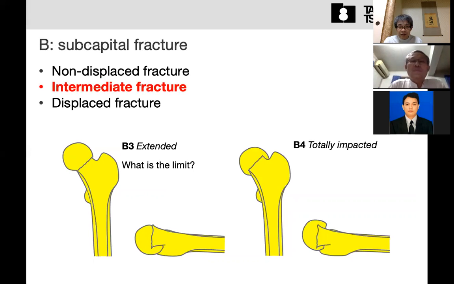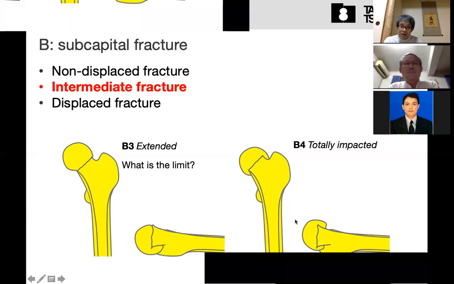And the other one is the totally impacted fracture. In this fracture, the space for the screw is very small. It's quite difficult to insert a screw. In addition, the vessel, the artery, is damaged due to the impaction.